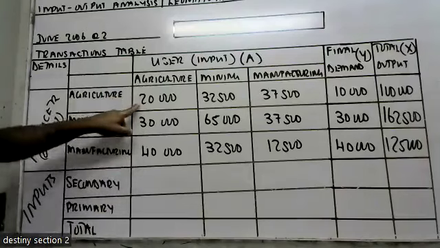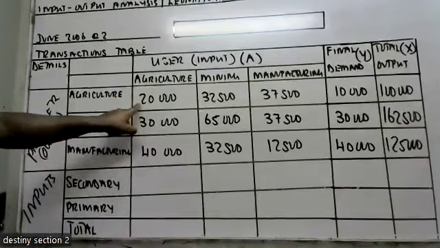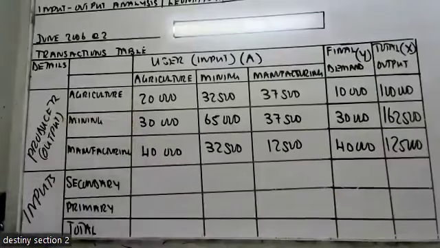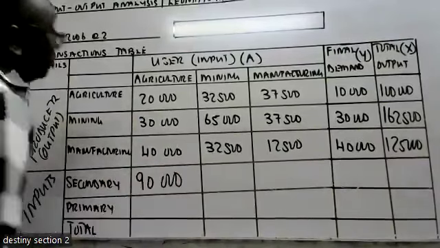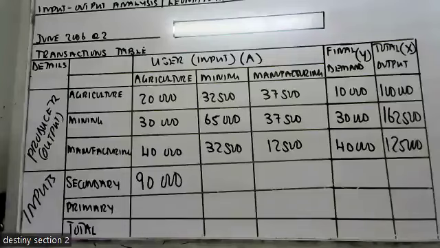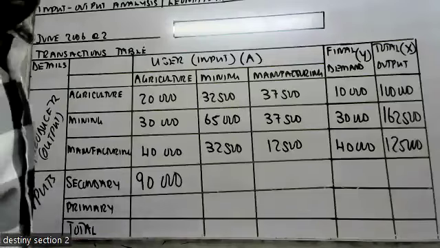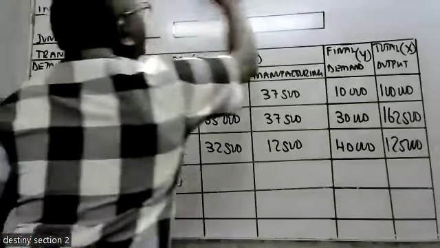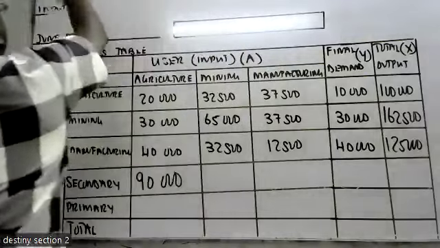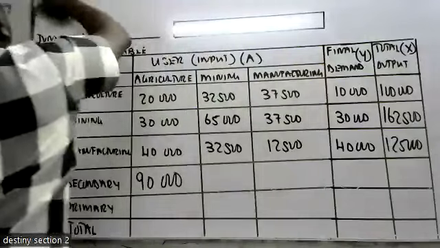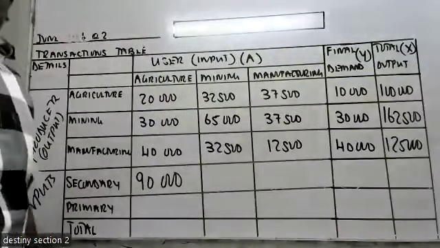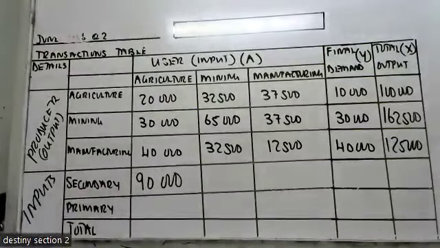So 20 plus 30 plus 40 is equal to 90,000. Maybe as I'm working down there, if you have space, you can show the working. My space is a bit limited because of the reflection I'm having here. You can show the working so that you don't spend the whole night wondering how that figure was obtained.